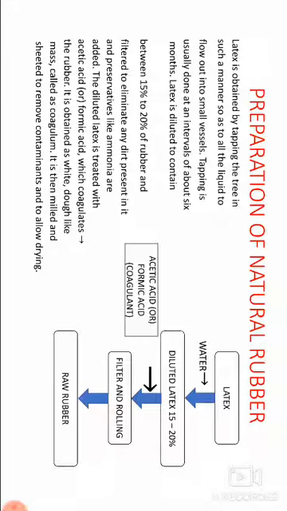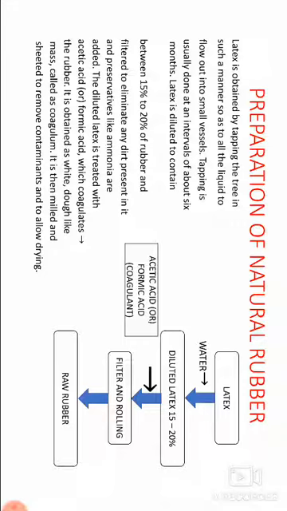Preparation of natural rubber. Latex is obtained by tapping the tree in such a manner as to allow the liquid to flow out into small vessels. Tapping is usually done at intervals of about 6 months. Latex is diluted to contain between 15 to 20% rubber and filtered to eliminate any dirt present in it.